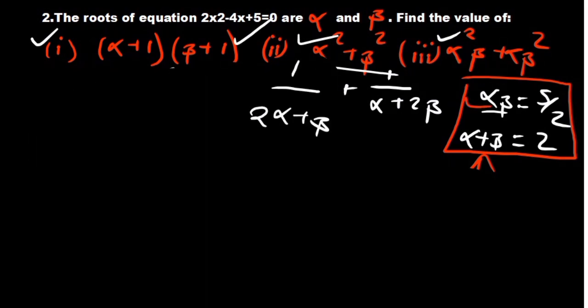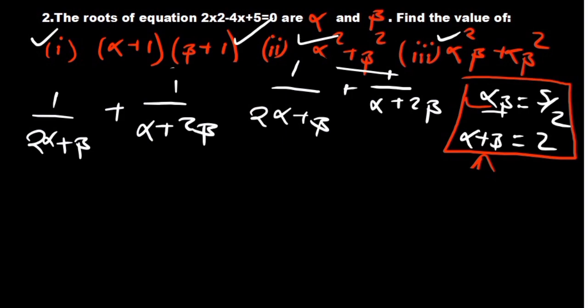Okay, so for the last part of the question, we have 1 over 2 alpha plus beta, plus 1 over alpha plus 2 beta. So that's the last question that we have. So what we have is a summation of fractions.